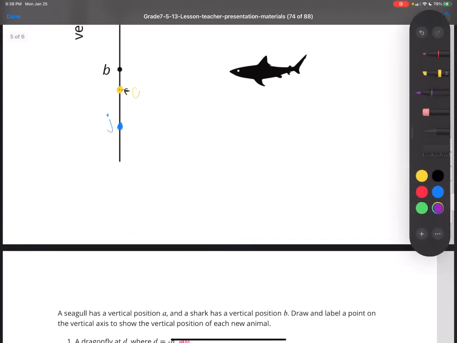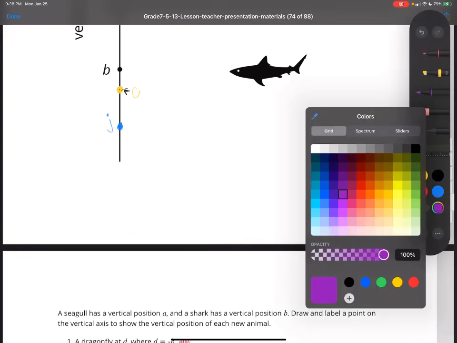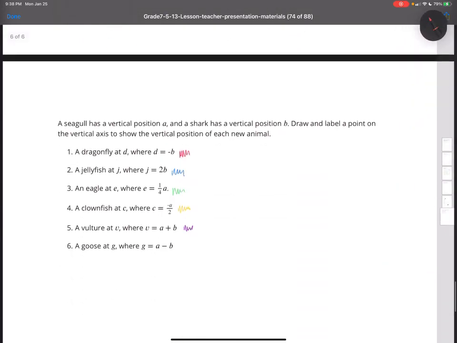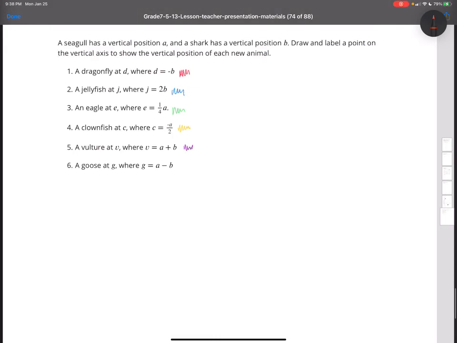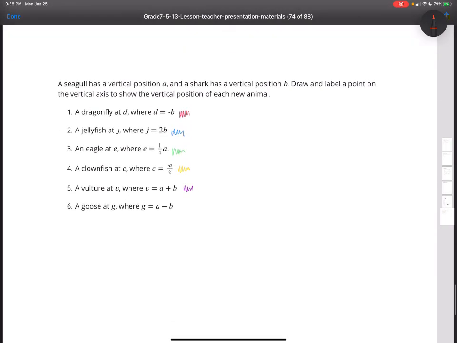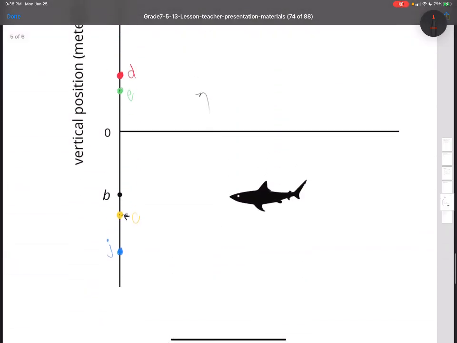Now let's move on to the next one, and the last one I'll annotate in orange. It says a goose at G, where G is equal to A minus B. If you notice, B is below 0, which means the value of B is already negative.